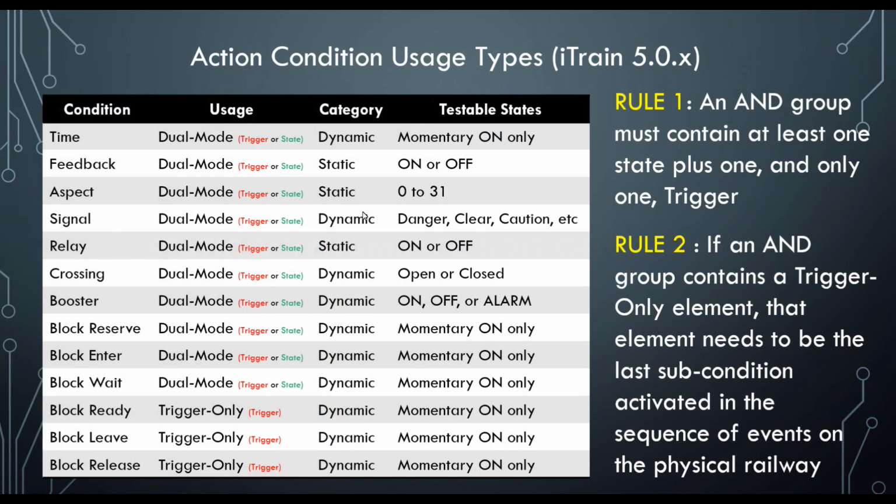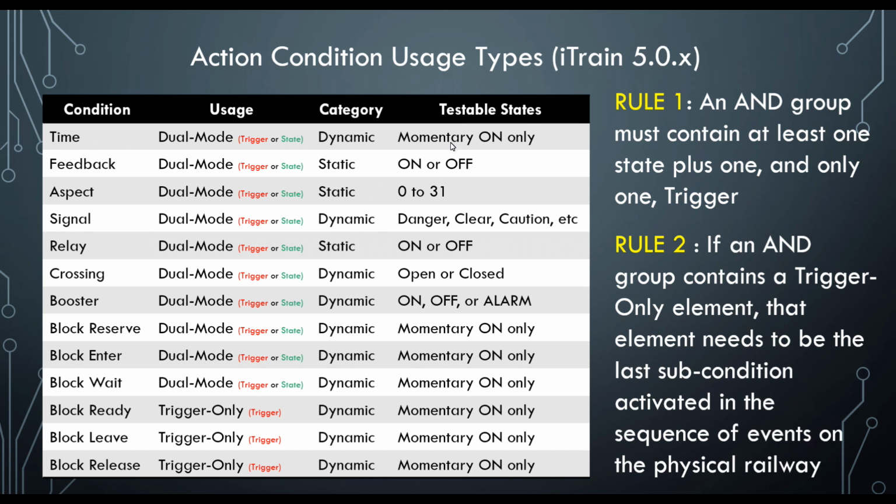Here is an updated table which includes a new column called category, which shows whether an element is static or dynamic, and another column that is called testable states. These are the testable states for each element.